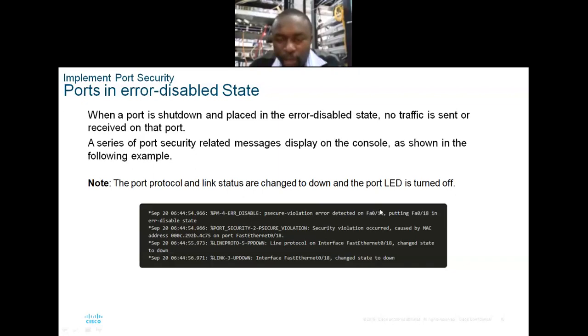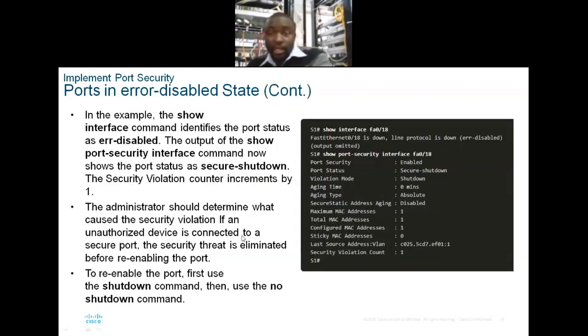This is the particular port on which it is being implemented, and it keeps bringing it up for you to know, and then it tells you that it's caused by this MAC address. Then it also tells you that the state is put to down. That's the disabled state. All right.